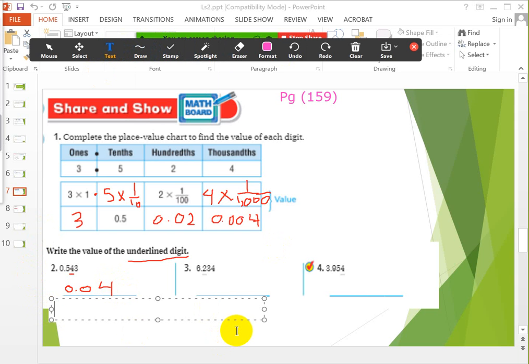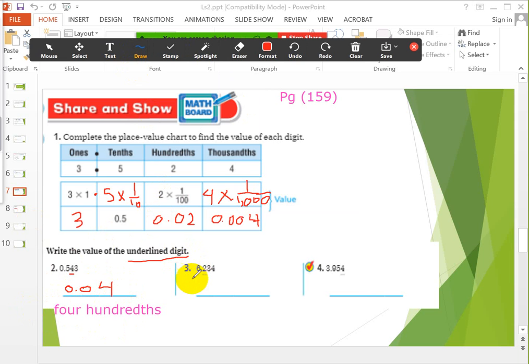So I can write it 0.04 to explain the digit or the value of the underlined number. So I can write it 4 hundredths. Okay? So I can write it in both ways. Choose any one, and it's okay. So you can write it like this or like this.